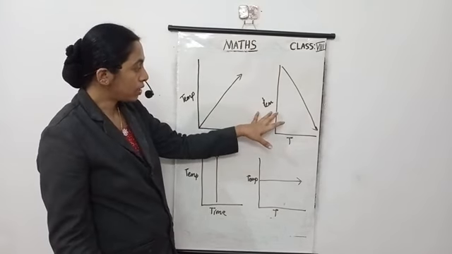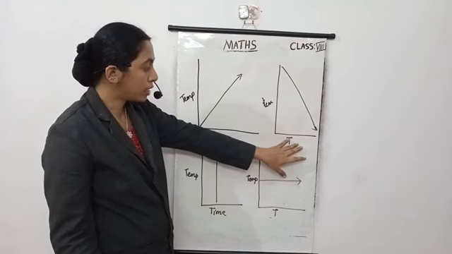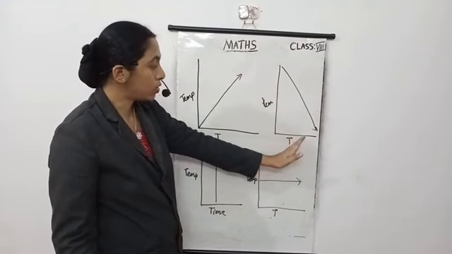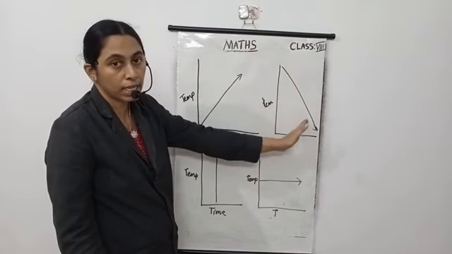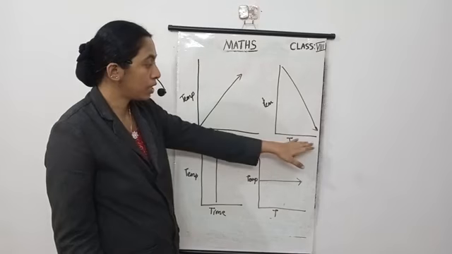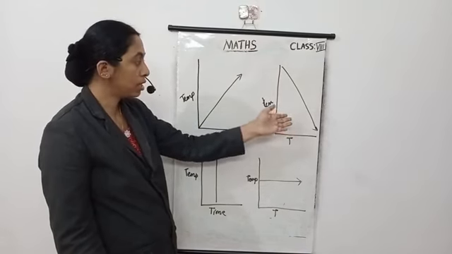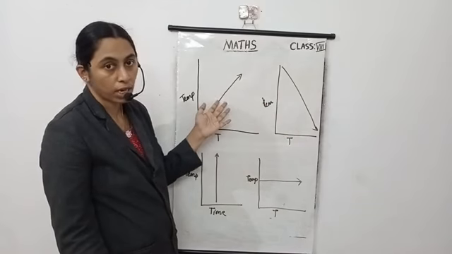Now next is another graph. Here also time, here temperature. Here time is increasing, temperature decreases. When time increases, temperature decreases. Is it representing a time temperature graph?